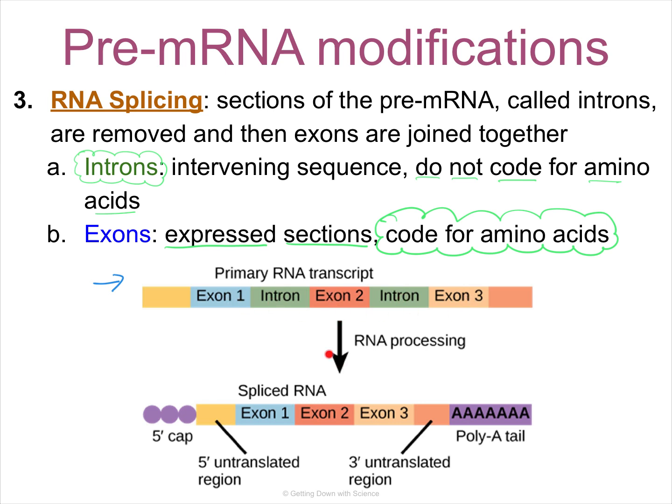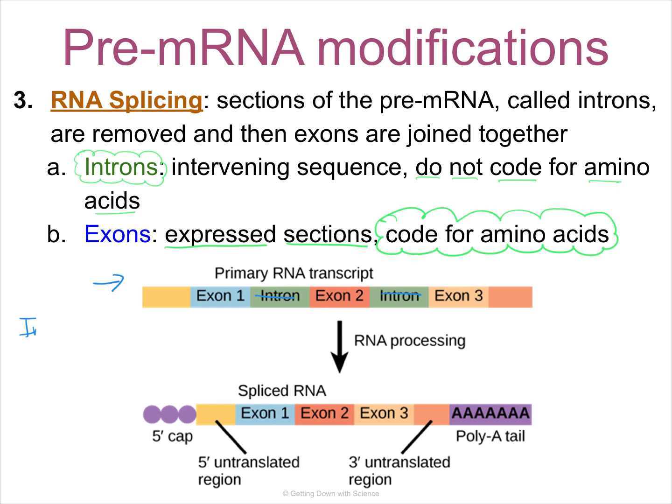Then what's going to happen is we're going to process that RNA, the pre-mRNA. We're going to take out these introns right here, and then we're only left with our exons, which are the actual parts that code for an amino acid.